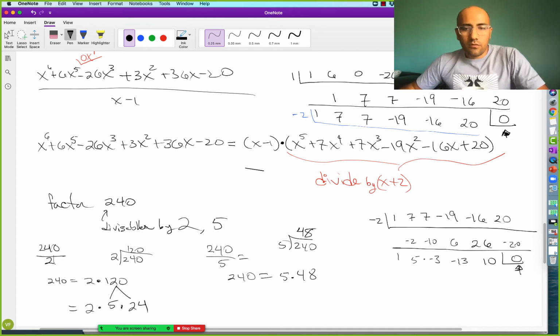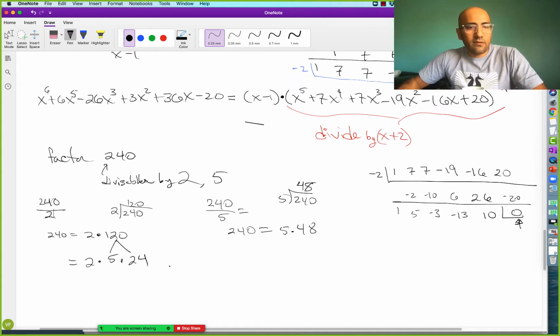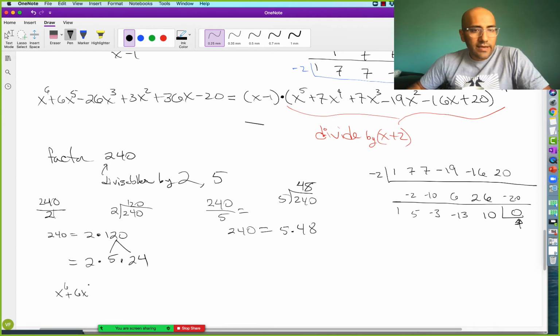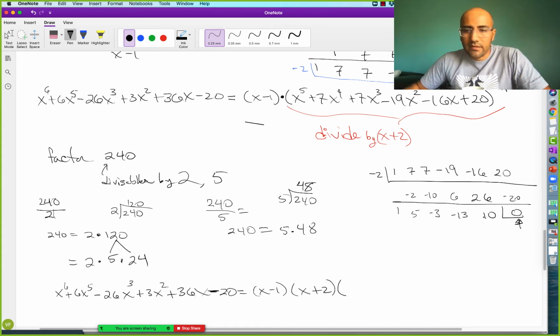Good. So bringing those two together now tells me this is what we have so far. x to the 6th power plus 6x to the 5th power minus 26x to the 3rd power plus 3x squared plus 36x minus 20 is equal to x minus 1 times x plus 2 times this resulting polynomial of degree 4.